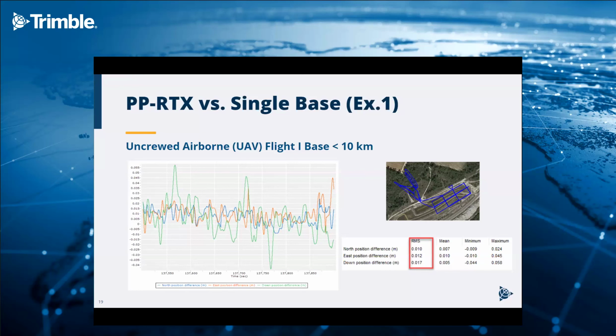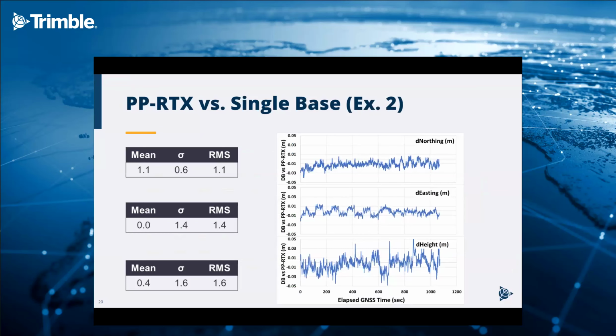On the left side, you can see the graph over the GPS time. If you take all of those residuals and compare both, we obtain an RMS value horizontally of 1 centimeter, and in the down position, so in the Z position, about 2 centimeter. That even outperforms what I said before, but that's not a big surprise. We're kind of conservative about the RMS values that we typically state.